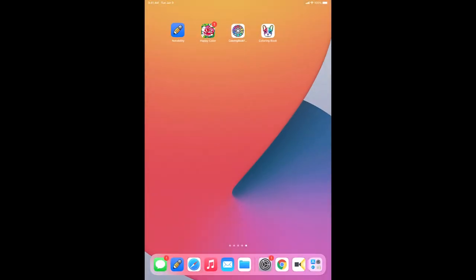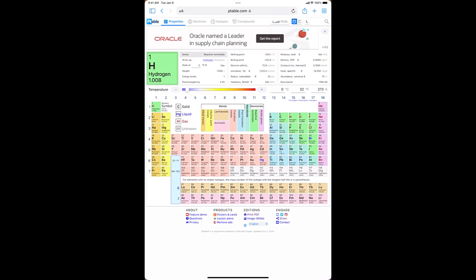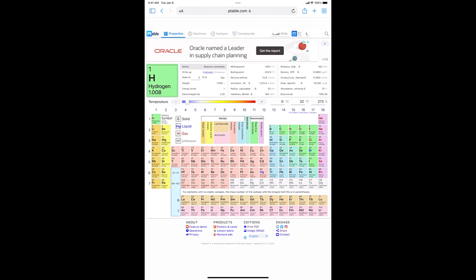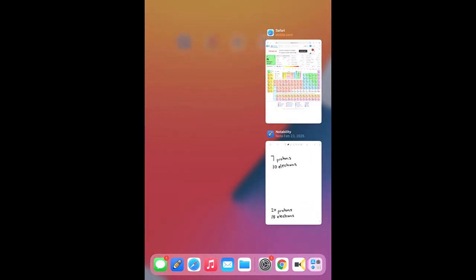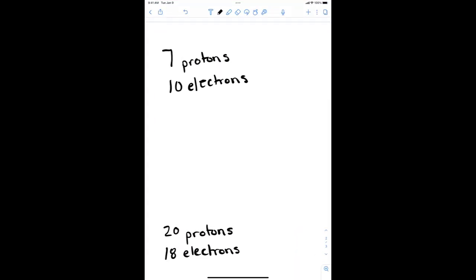So if we pull up our periodic table and look for number 7, we see that nitrogen is number 7. And so we'll come back to our work and say that we have nitrogen.